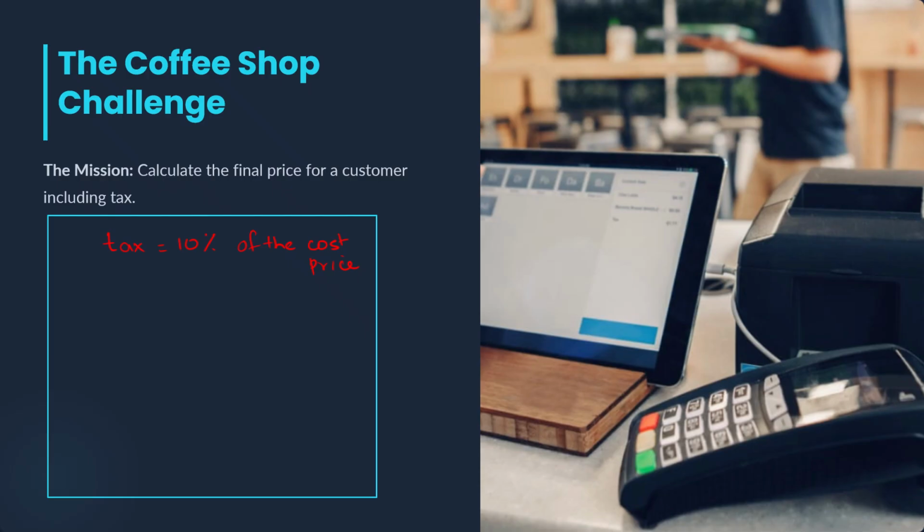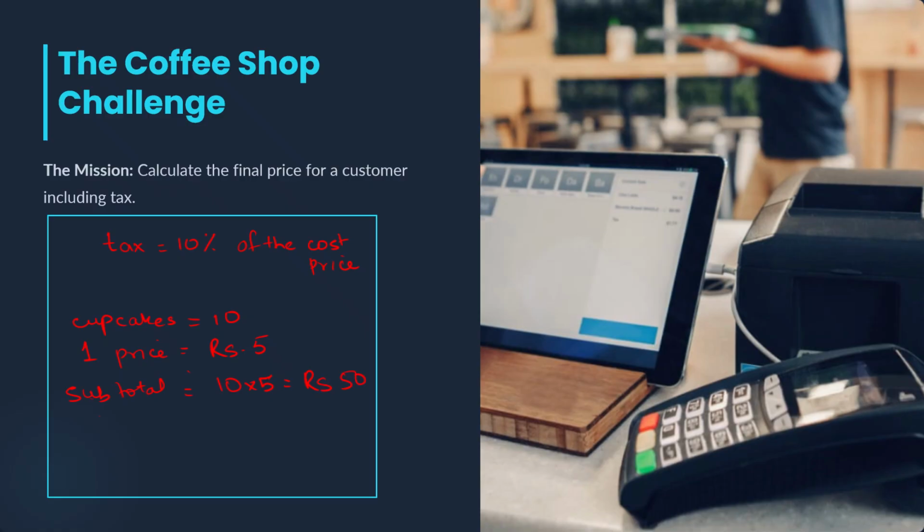So that means, for example, if he bought 10 cupcakes and the price of one cupcake is 5 rupees, the subtotal is going to be 10 into 5, that means 50 rupees.